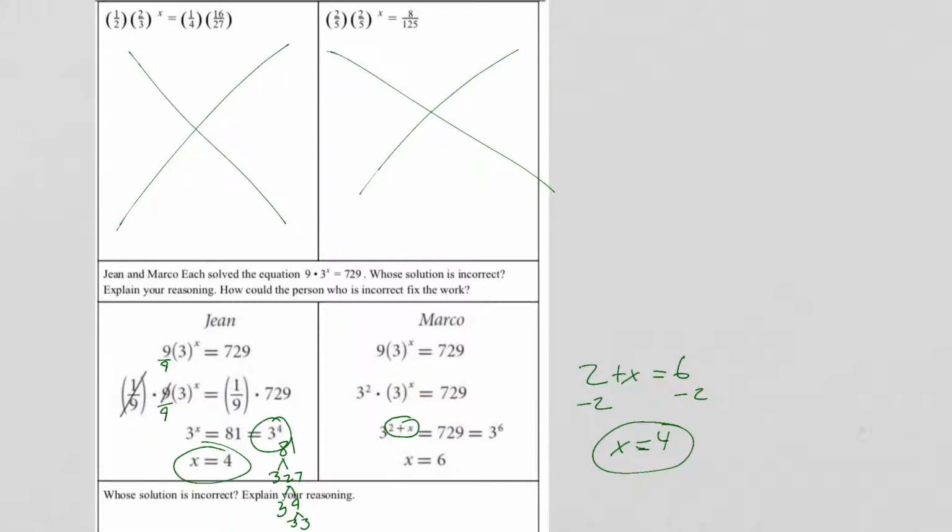So technically, this combination here is not wrong. When they connected it, this being equal to that, that's where the error occurred. So Gene is definitely correct.